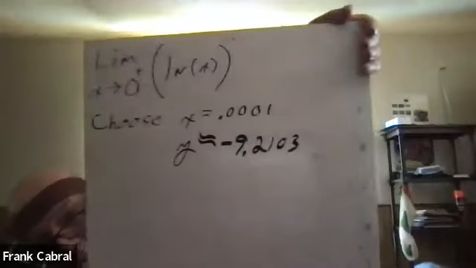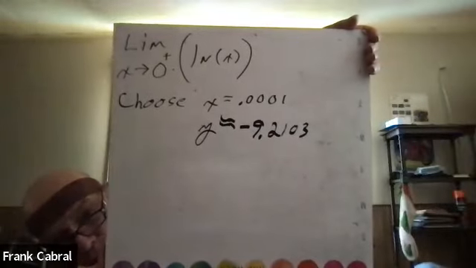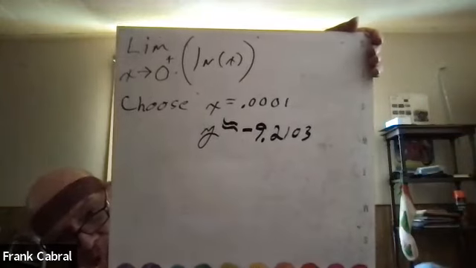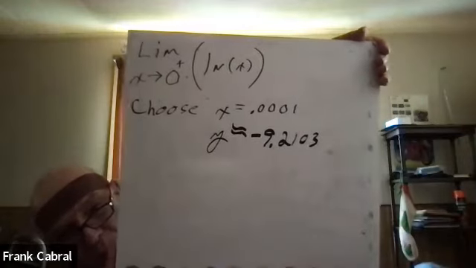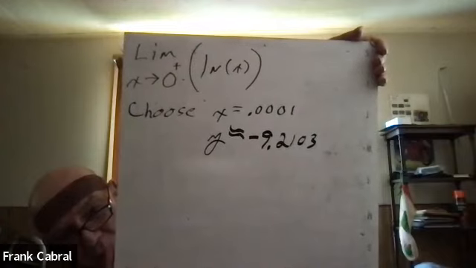So my y value is approximately equal to negative 9.2103. That's 4 decimal places of accuracy. That's what my calculator is telling me, and I'm rounding off to 4 decimal places, which is more than enough accuracy here. Now, you may not be convinced as to what the answer is.